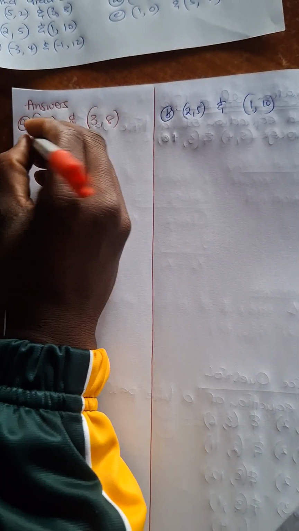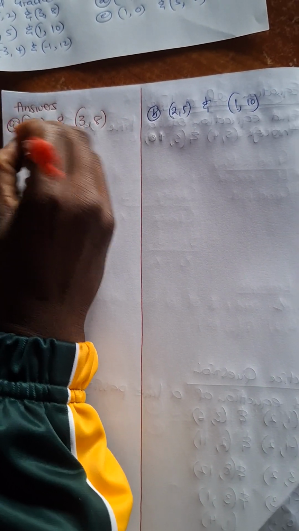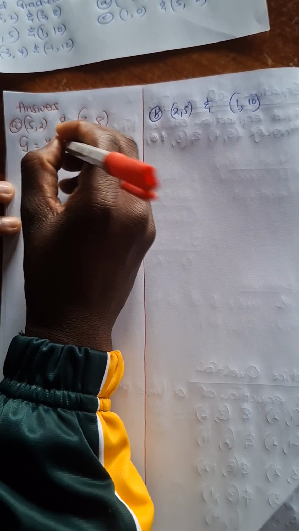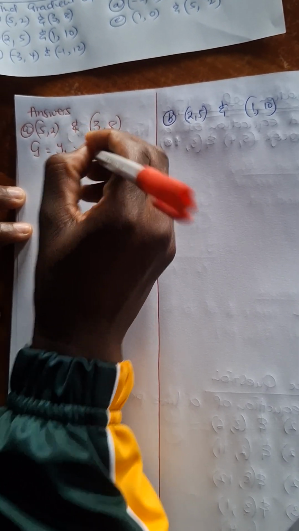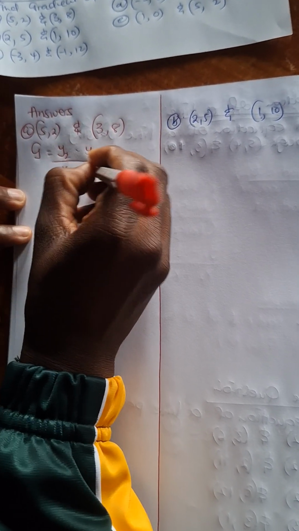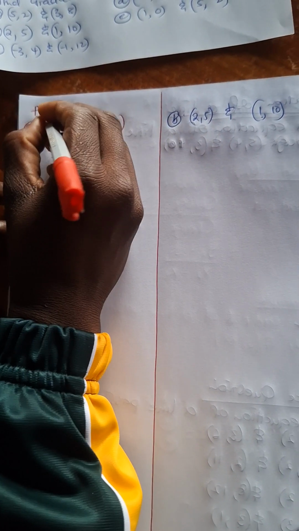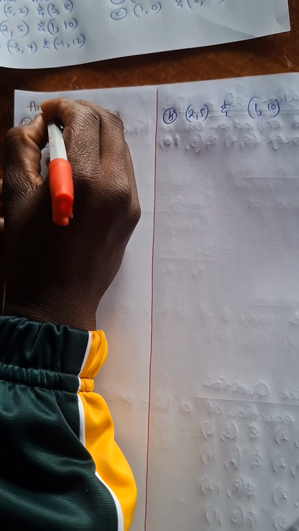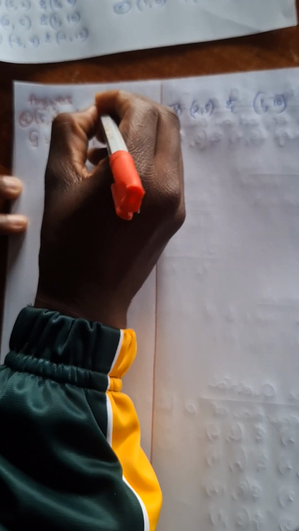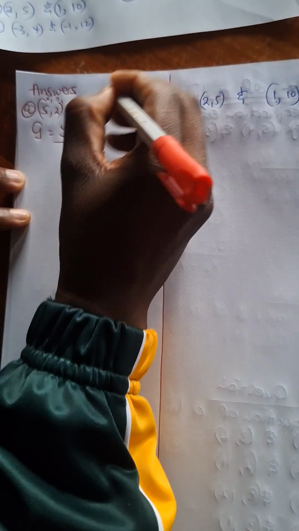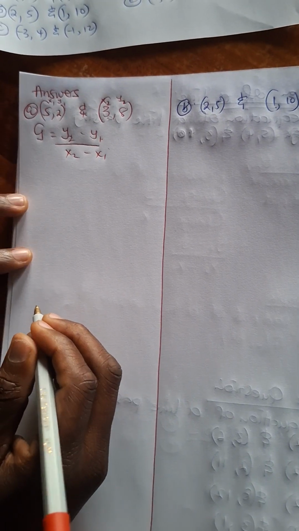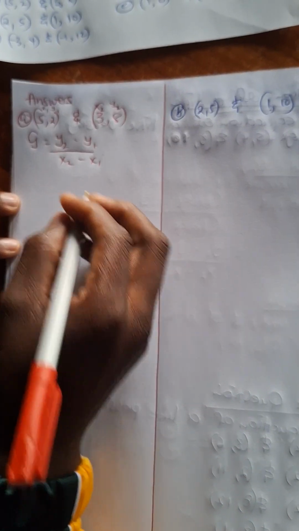So we want to calculate the answers. Here our gradient is y2 minus y1 over x2 minus x1. So if we say this is our x1, then y1, then x1 and y1, we always know, sorry, x2 and y2, we always know we start with the x coordinate, right?